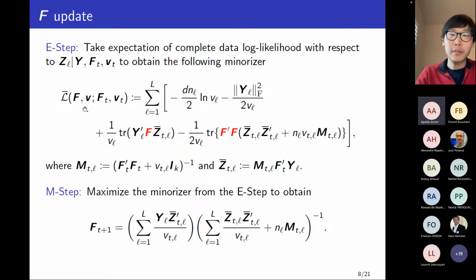And so here it looks a little complicated, but you just do all the algebra and you get this expression where M and Z are these things. The main thing to note about M and Z is that they can just be computed based on the current estimate of F, the current estimate of V, and the data.